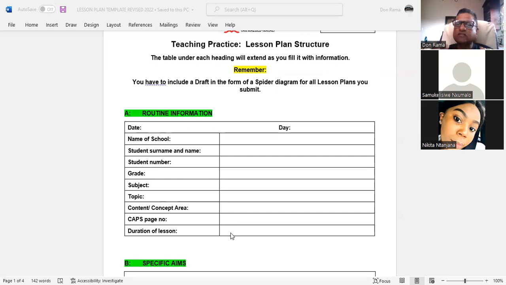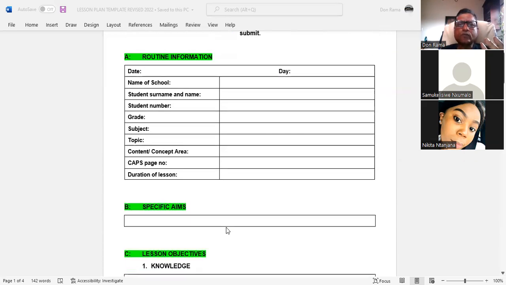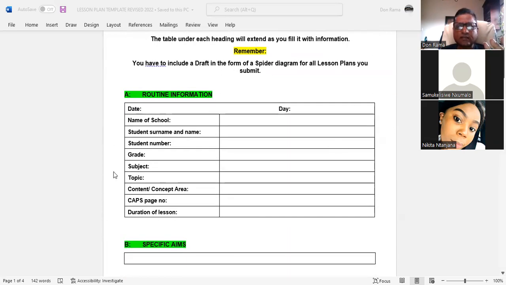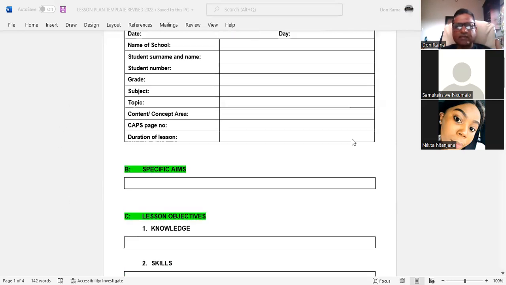The duration of the lesson is given to you when you go to the school, which has a timetable. And the timetable tells us how many periods in the day, and each period normally in the school situation is 1 hour. Some schools have it at 45 minutes. So you must put down how long your lesson is going to be. So that is the table that you will fill at the beginning of your lesson plan.